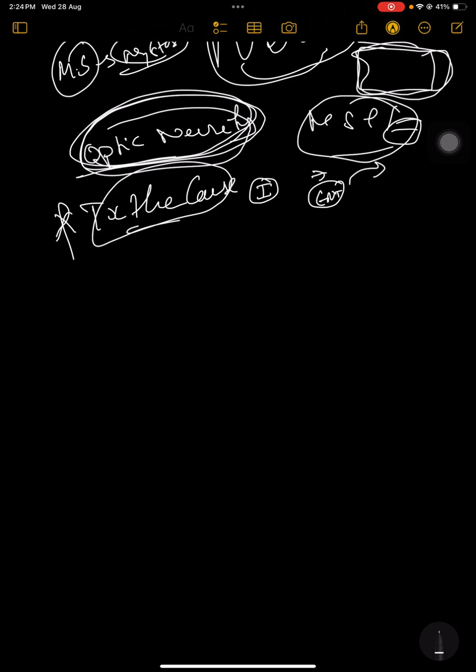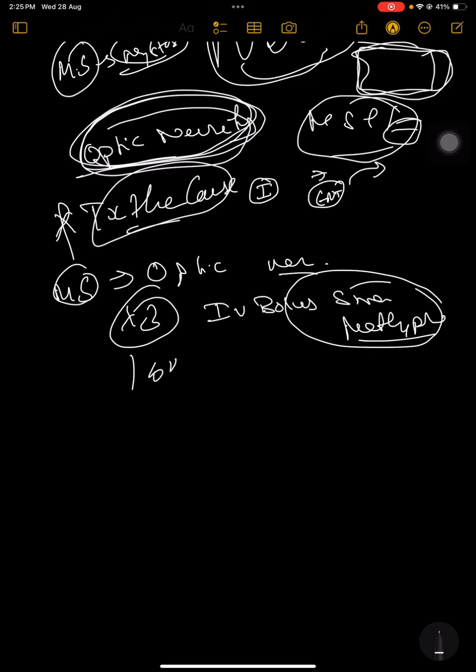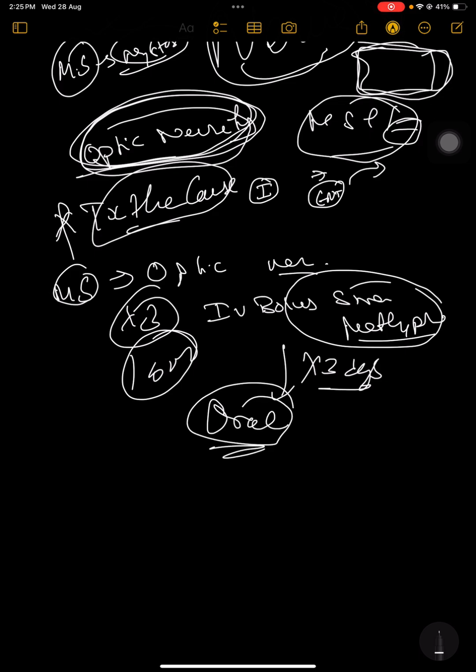But what about the actual condition of this one? For example, if someone has multiple sclerosis and the presentation is optic neuritis, you will give IV bolus steroid, methylprednisolone. You'll give it for 3 days, 1 gram. After 3 days, you'll shift to oral.